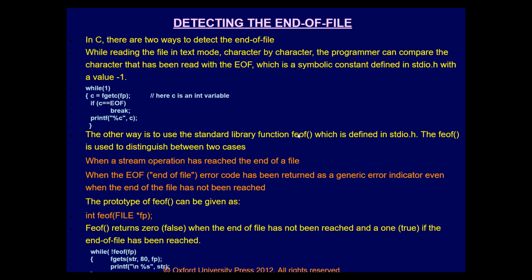The other way is to use the standard library function feof, which means file end of file, defined in the stdio.h library. feof is used to distinguish between two cases: when a stream operation has reached the end of the file, and when the end-of-file error code has been written as a generic error indicator even when the end of the file has not been reached.